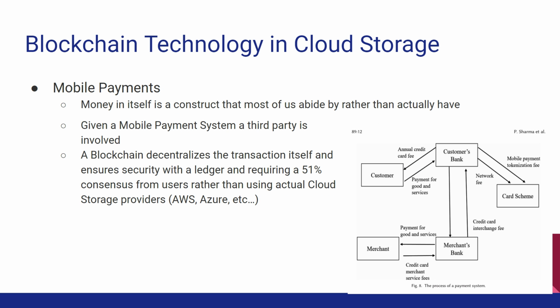So we even go into this with mobile payments as well. Money itself is a construct that most of us abide by rather than something we actually have. So in a world that's getting increasingly electronic, given the current state of what's happening right now, you could see in this diagram to the right that the customer goes to the bank in order to do the exchange of goods, I guess, in terms of price.